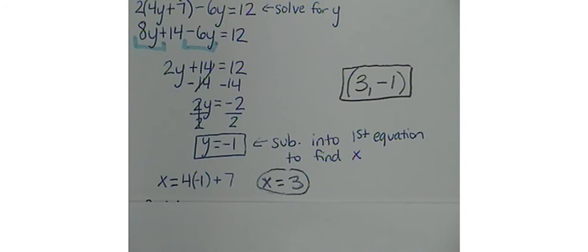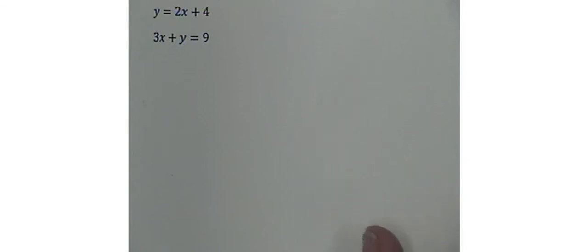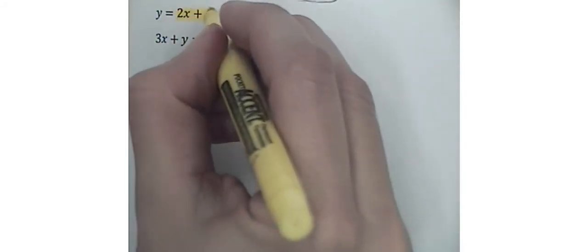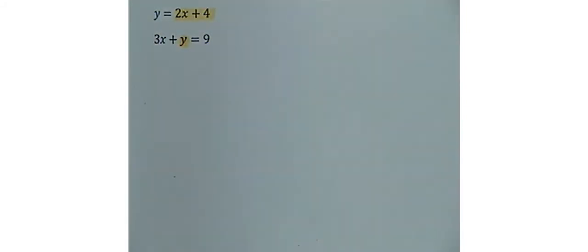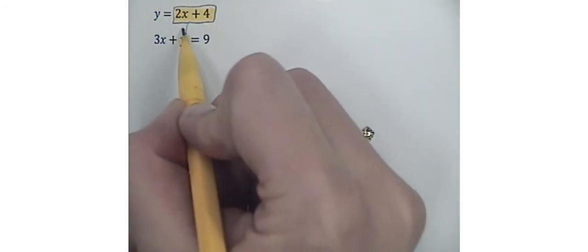All right, let's walk through the last question on this sheet. So y is solved for, or y is isolated. So we're going to take this and we're going to plug it in right here in the second equation. So this expression, 2x plus 4, goes right here.